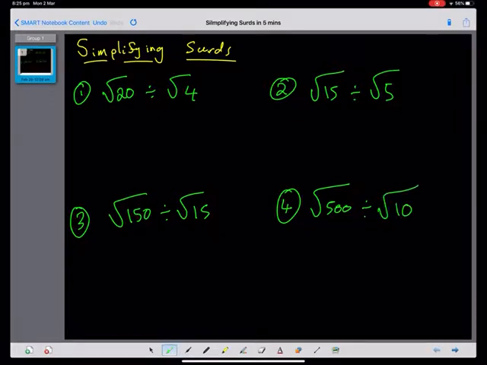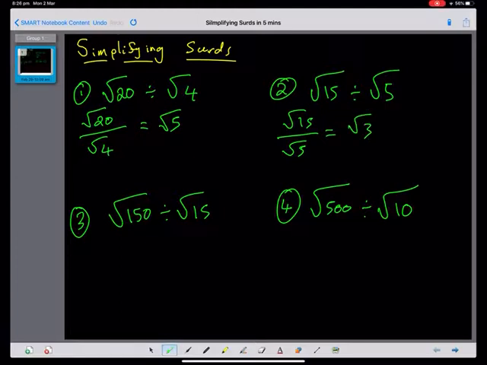Okay, so I like to write these usually like this. I think this is easier to visualize. So root 20 divided by root 4 is just simply root 5. We've got root of 15 over root 5, that is just simply root of 3.